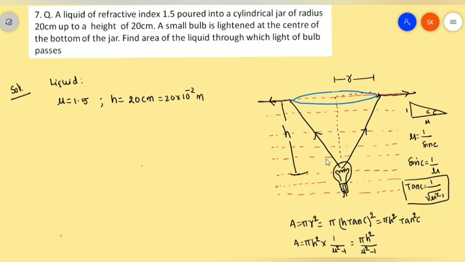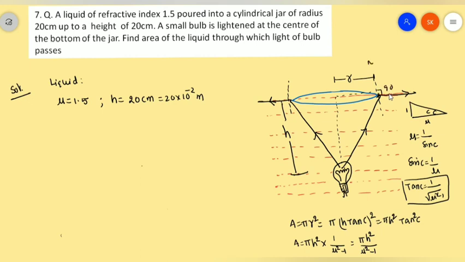We know that when light starts here, the maximum it can go is along the surface after refraction. That means this angle will become 90 degrees.